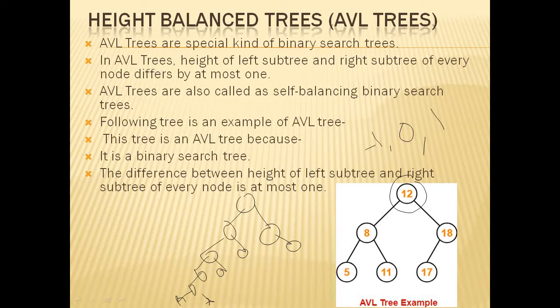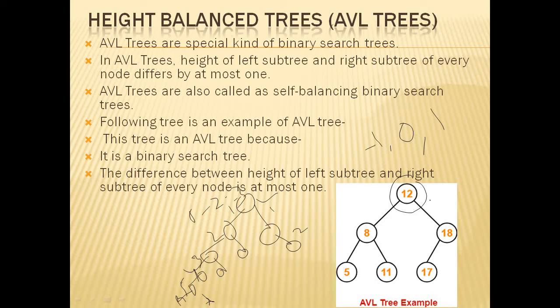For example, if I take this one, the height of the left child is 1, 2, 3, 4, 5. Height of the left child is 5. Height of the right child is 1, 2. 5 minus 2 equals 3. 3 is the balancing factor. As per our instructions, the balancing factor should be either -1 or 0 or 1. Here it is 3, which means it is not balanced.